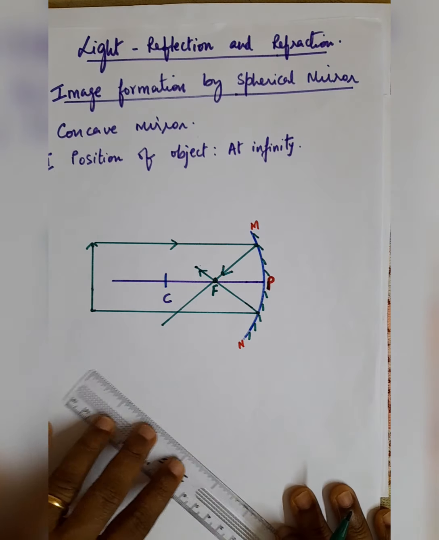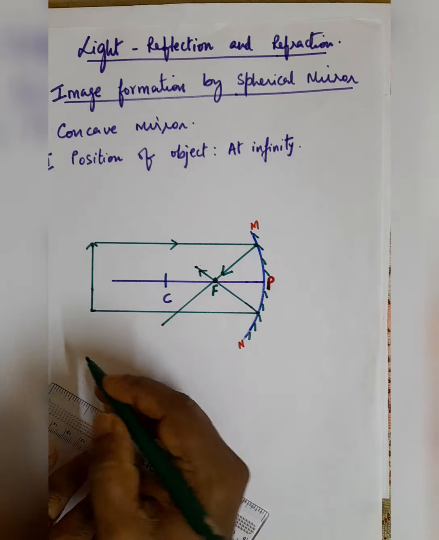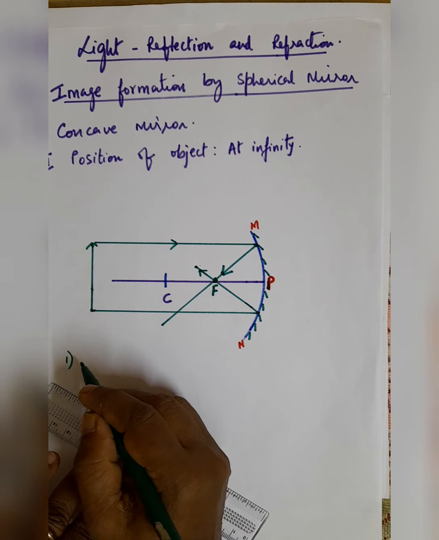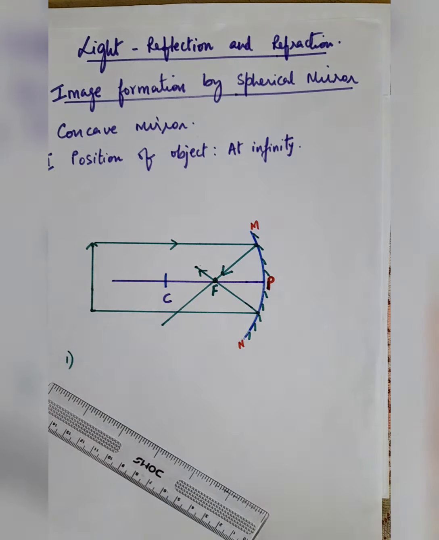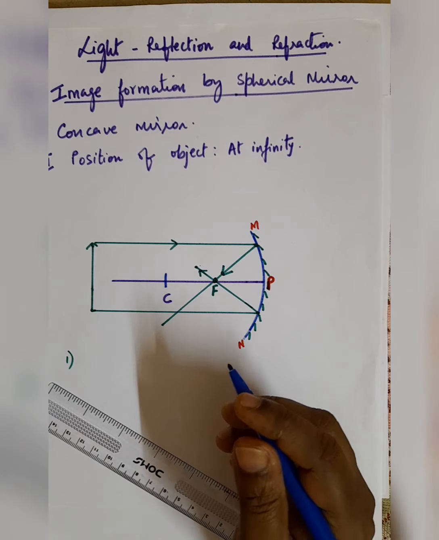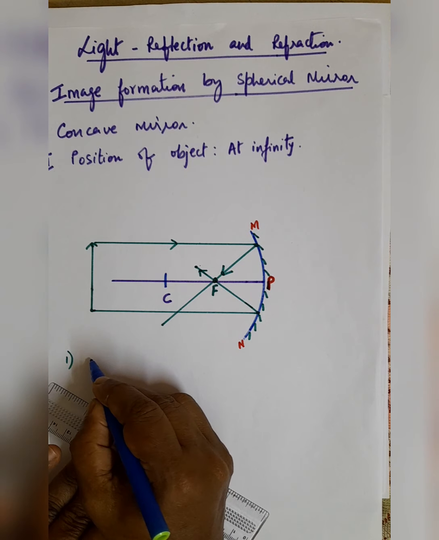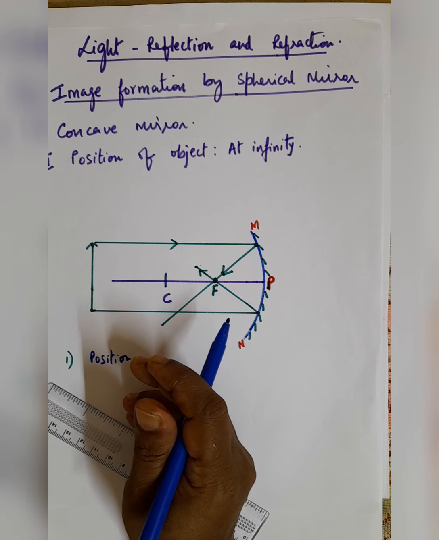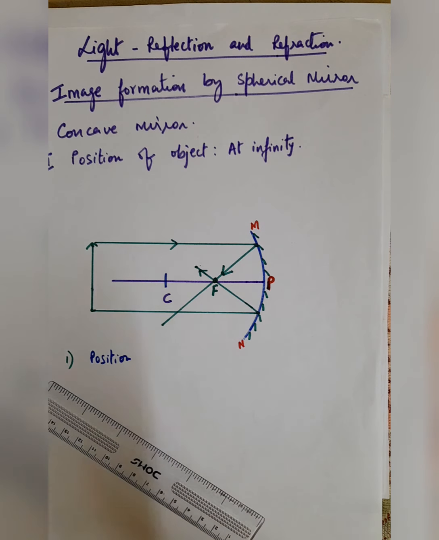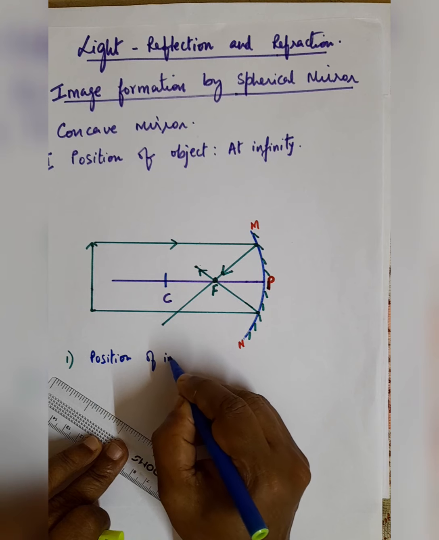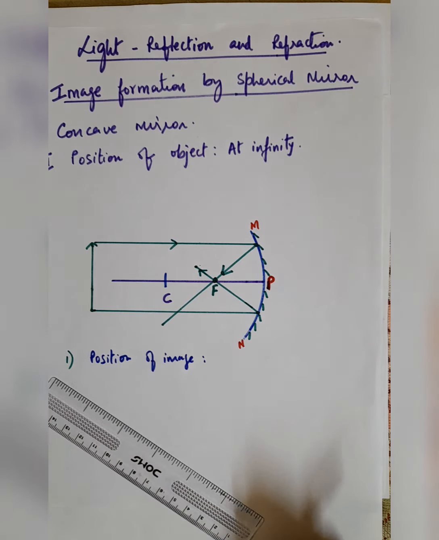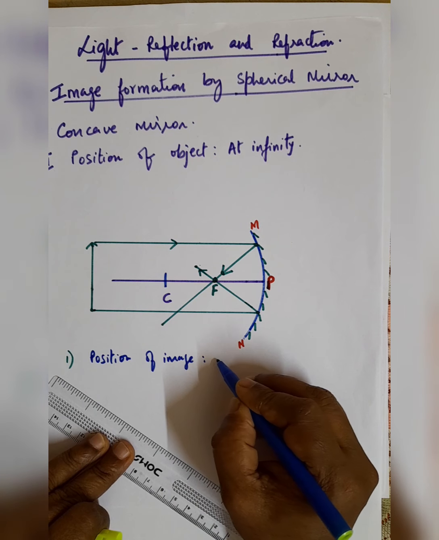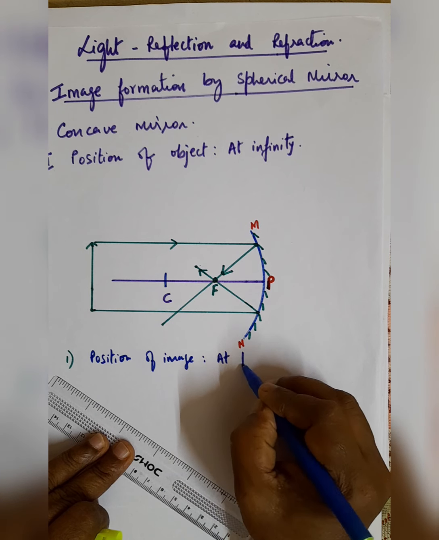So for every ray diagram, we write the position of the image. The position of the image is at the focus.